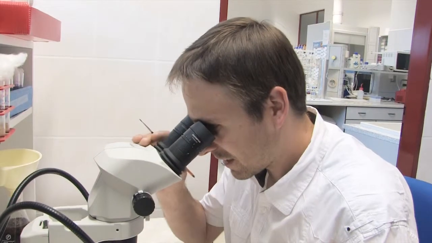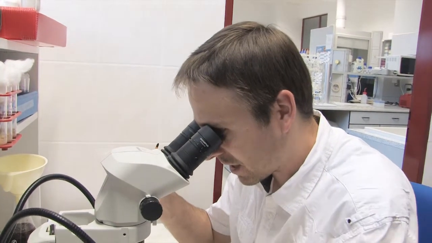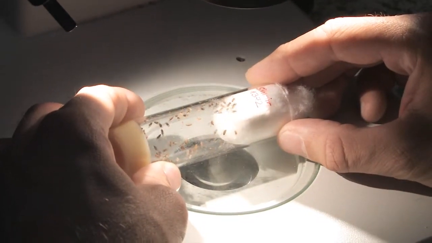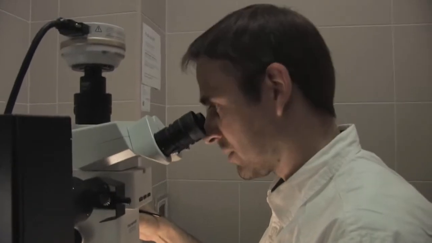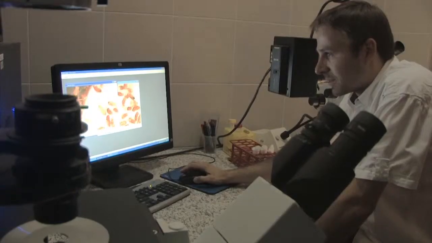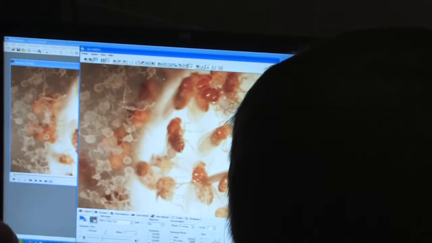And using classical genetic crossings, we get the modifications or the mutations into the right genetic combination, so we can do the experiments with them. Then finally, we usually visualize the effects of these modifications using microscopy, for example, to look at what are the effects on the development of certain tissues and similar things.